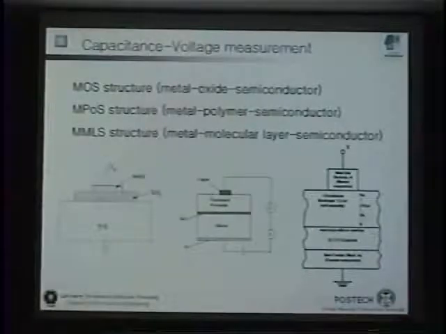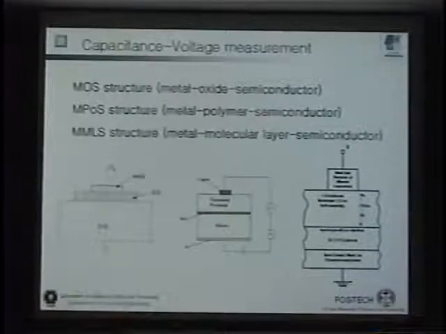Well, if you compare this soft material with hard material, there are some similarities. Also, there are some differences. So here you can see a semiconductor insulator metal structure, the so-called MOS structure for silicon devices.